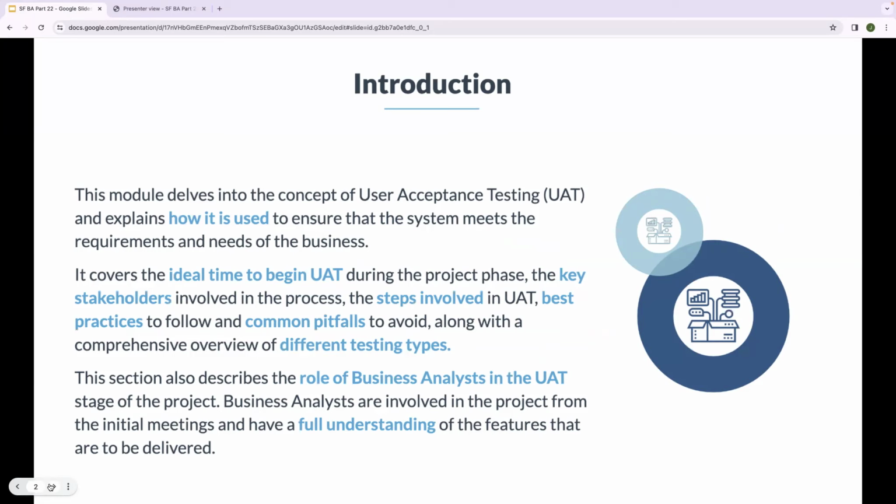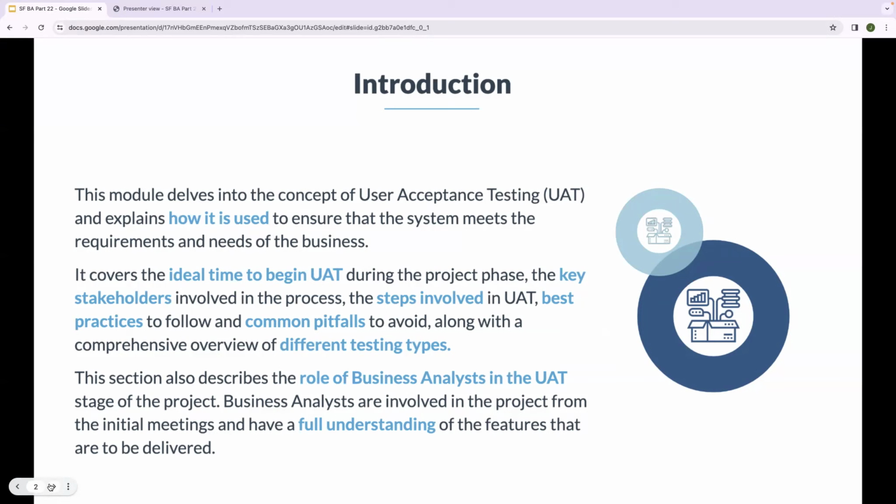It covers the ideal time to begin UAT during the project phases, the key stakeholders involved in the process, the steps involved in UAT, best practices to follow, and common pitfalls to avoid, along with a comprehensive overview of different testing types. This section also describes the role of the business analyst in the UAT stage of the project.